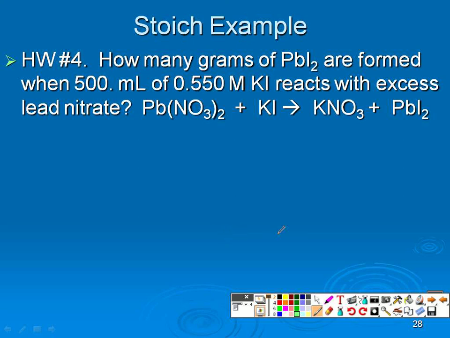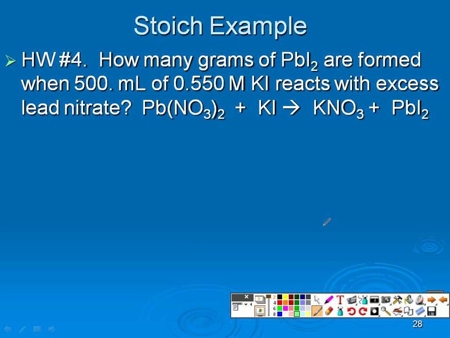And we could actually add one more step because it wants us to go to grams. Sometimes you want to stop at that mole step and reevaluate what you're doing. 1 mole of PbI2 is how many grams? Oh, lead is heavy. I think that's why they call it a heavy metal. 461 grams of PbI2. I added up the Pb and the 2 I's. The I's are kind of heavy too.